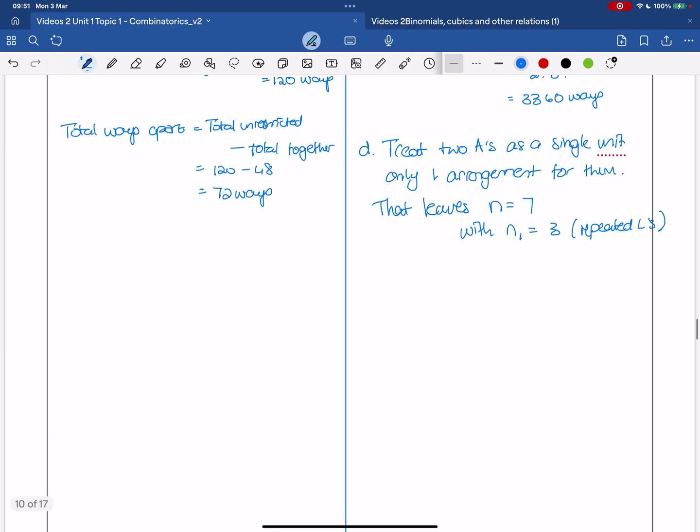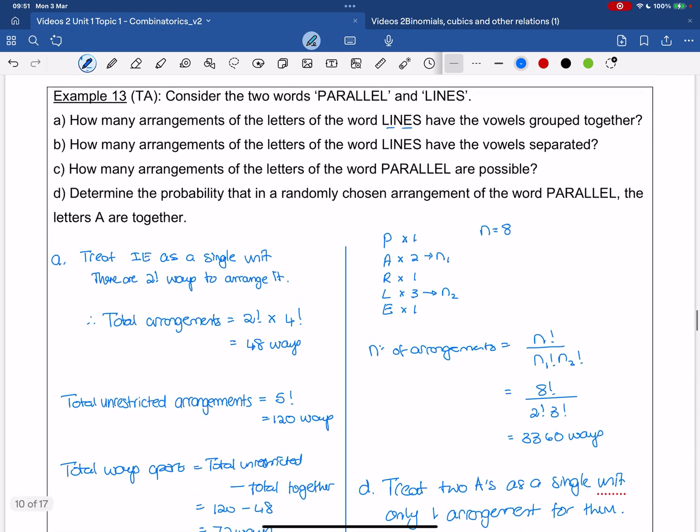All right, so then what we have is my number of arrangements is going to be my 1 for my A's multiplied by my 7 factorial over my 3 factorial, and that's going to be 840 ways for the A's to be together.